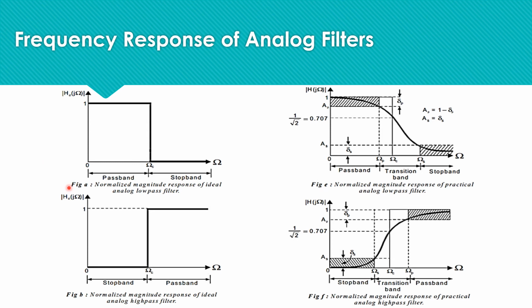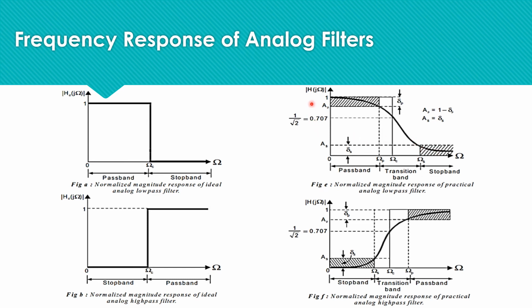Magnitude response of an ideal analog low pass filter is like this. Here this is our pass band and this is stop band. We can see that the transition from pass band to stop band is sudden. But in the practical case, the transition is gradual.